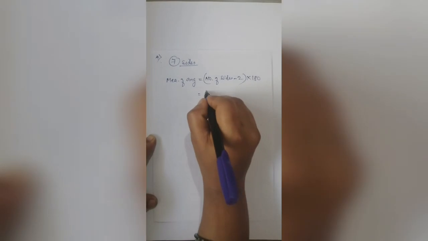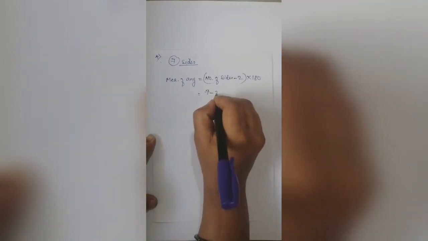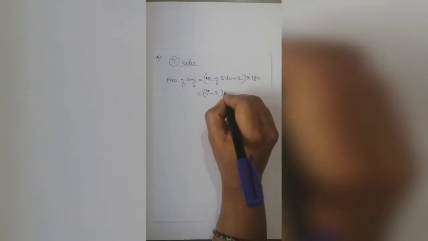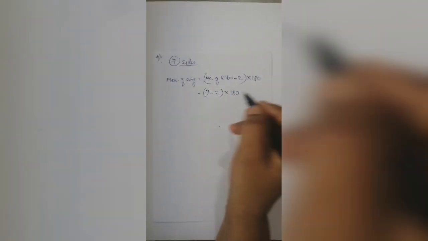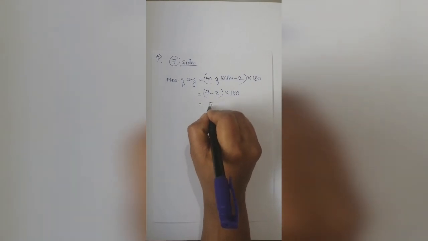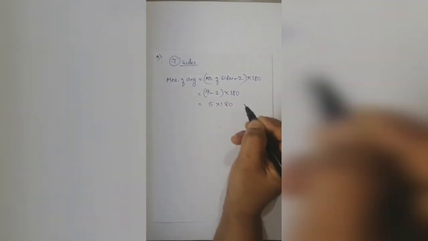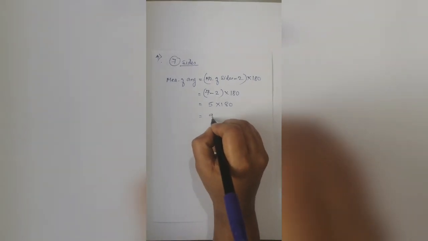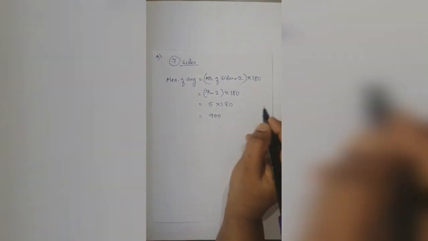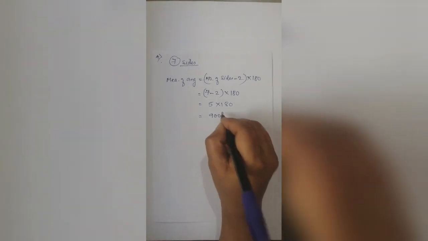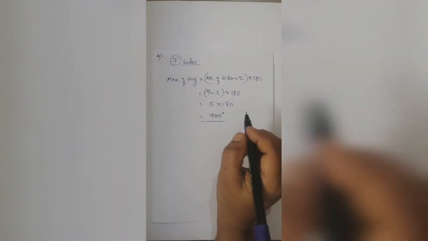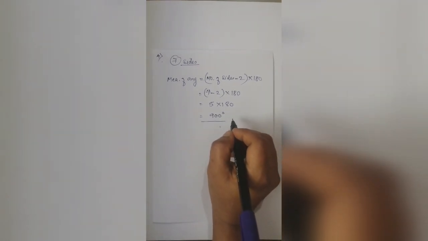Here the number of sides given is 7. So 7 minus 2 multiplied by 180. Here 7 minus 2 is 5, 5 multiplied by 180. So 18 5s are 90. Okay, so 900 degrees will be the sum of the angle measures of the 7-sided polygon.